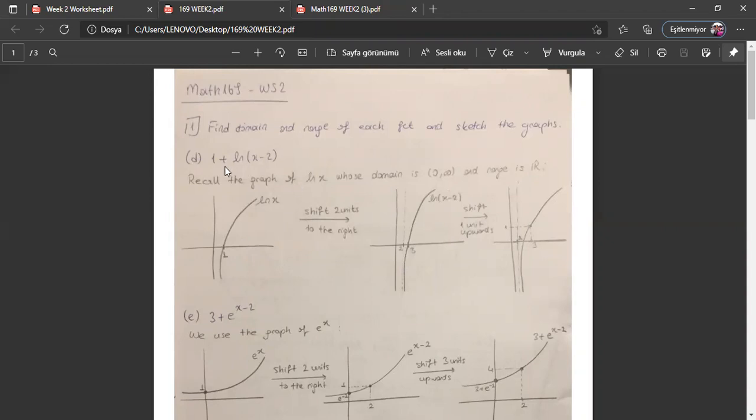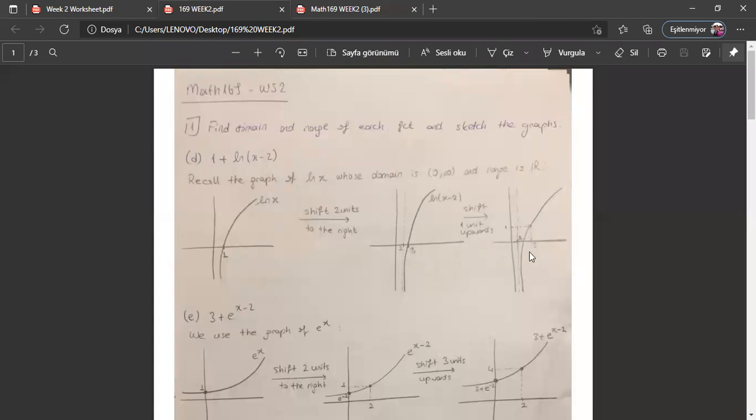Now, what do we do to get the graph of this function? We need to shift this new graph 1 unit upwards, okay, to get this one. So what do we have now? For example, for 3, if we plug x equals to 3, we have ln of 1, which is 0. So we need to have 0 plus 1, which is equal to 1.